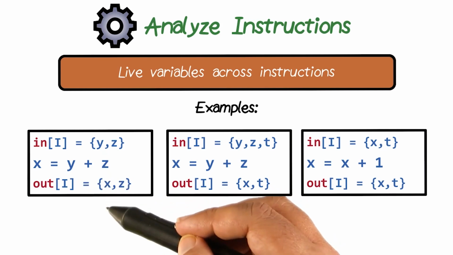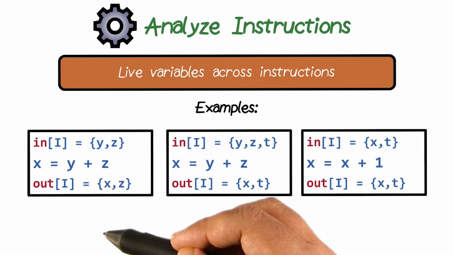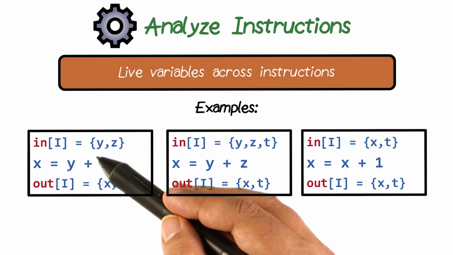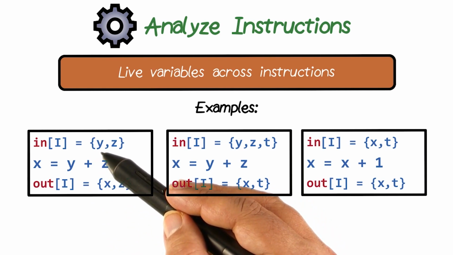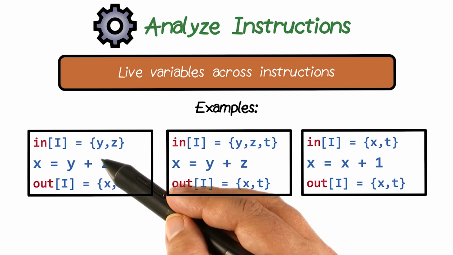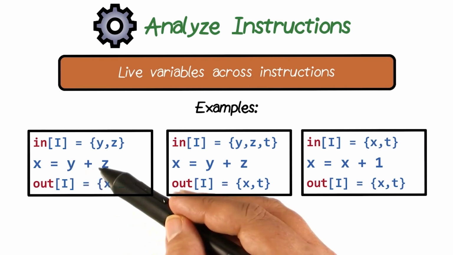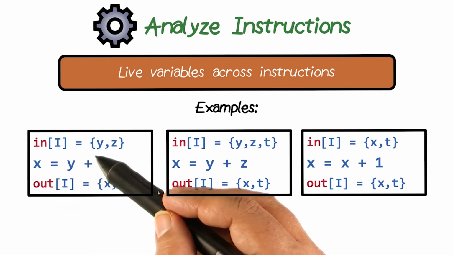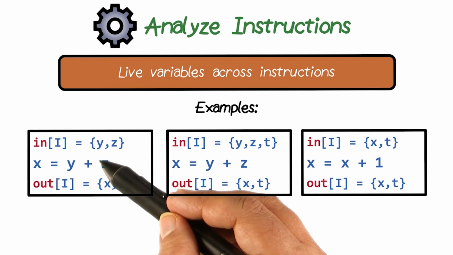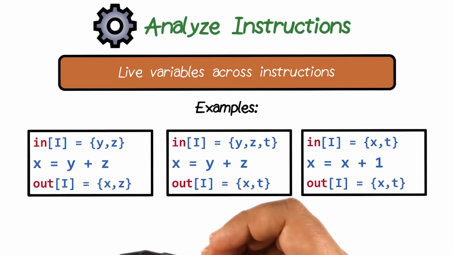Even though x might be used down from this particular program point, the answer to the question whether the current value of x that is in our hand is being used from this point onwards is no, because there is nobody who is using x. In fact, a new value is being generated in x, so there is no use of the current value from here to here, and therefore x is not live here.